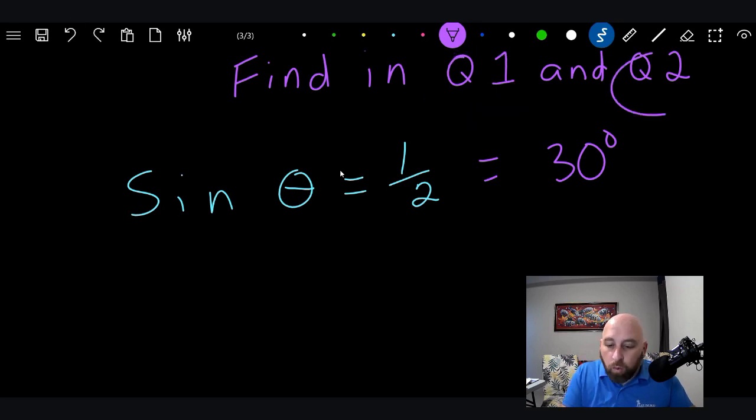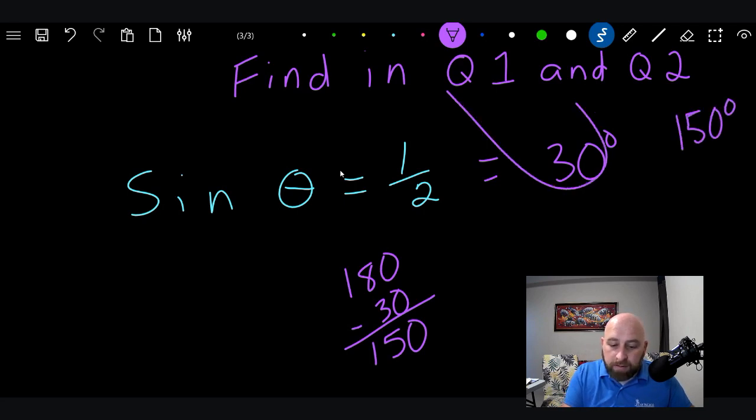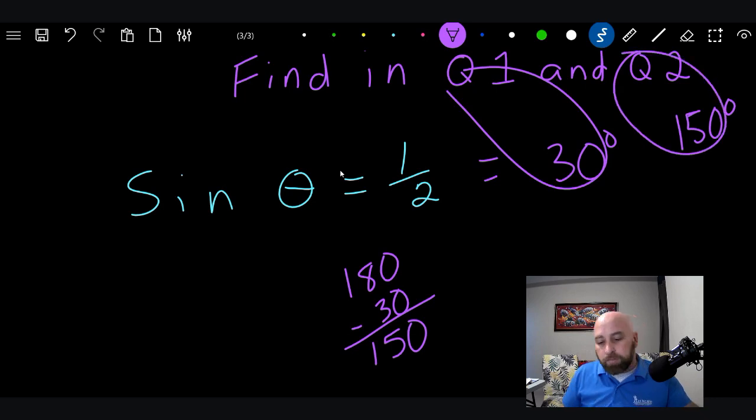Okay? What is it in quadrant number 2? Well, to get to quadrant number 2, we would do 180 minus 30, and that would be 150. So in quadrant 2, it would be a 150-degree angle. Okay? So this is 1, and this is 2. I mean, it's complicated and it's not complicated all at the same time.